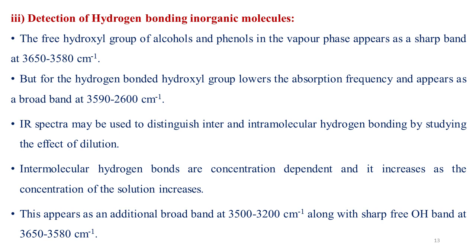So IR spectra can be used to distinguish between inter and intramolecular hydrogen bonding by using the effect of dilution. Intermolecular hydrogen bonding is concentration dependent, and it increases as the concentration of the solution increases. So an additional broad band will appear at 3500 to 3200 per centimeter along with the sharp free OH band at 3650 to 3580 per centimeter.